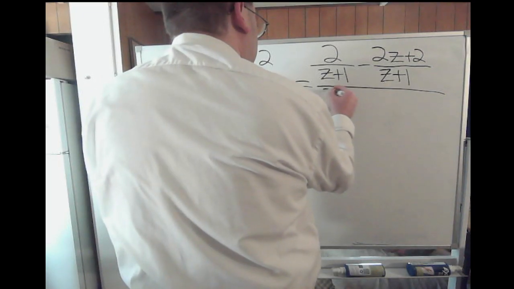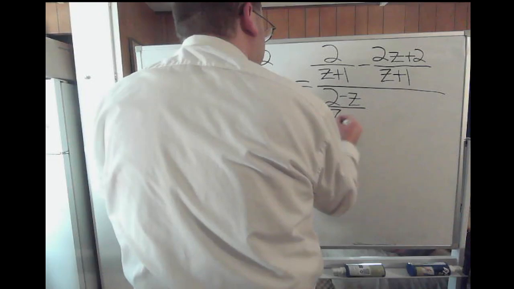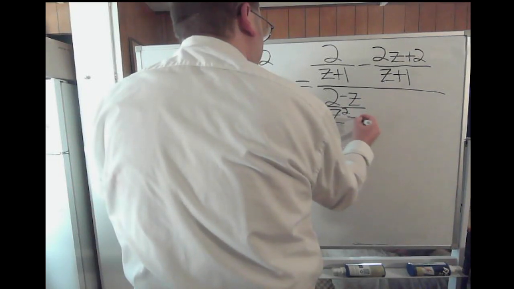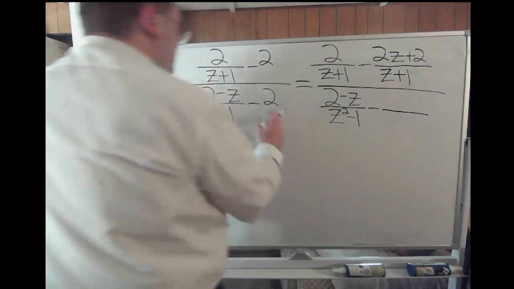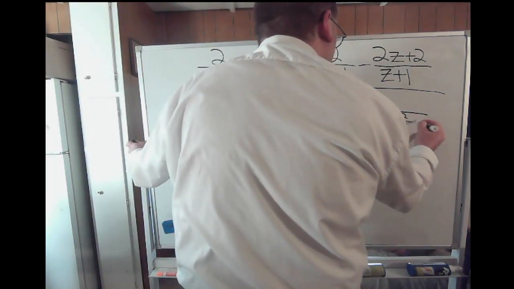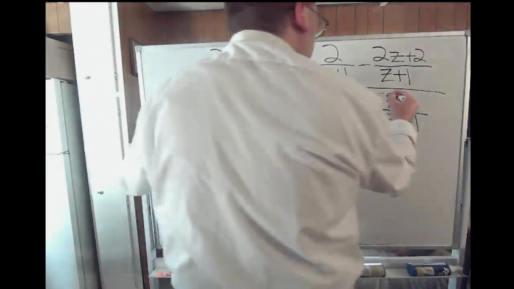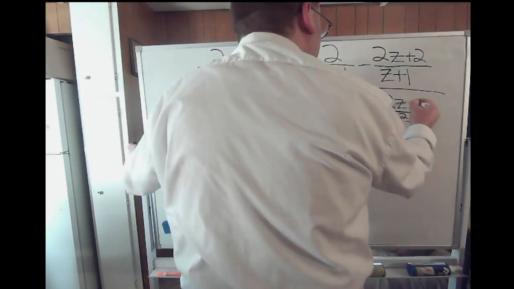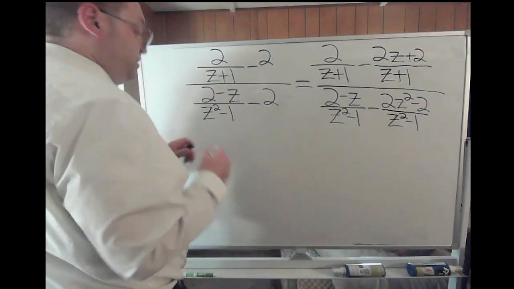Well, 2 minus z over z squared minus 1 can be left alone. Minus, okay. We have to make that second denominator become z squared minus 1, which means we got to multiply that 2 by z squared minus 1. You would end up getting 2z squared minus 2. That's the answer you would get.